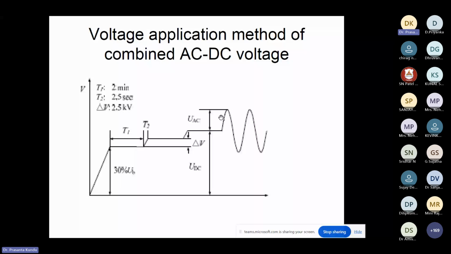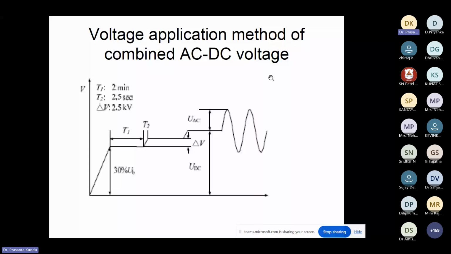If the minor transients occur, at that time PD may be extinguished, or it may occur and not extinguish afterwards. So that is why you study PD in impulses and in AC together, to understand the characteristics.